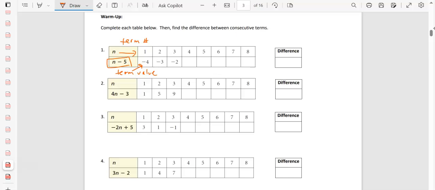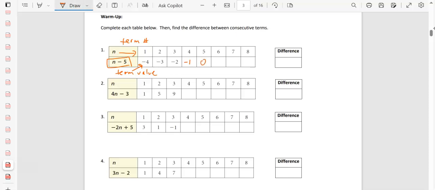So again, when n is 1 and I substitute 1 in for n, 1 minus 5 is negative 4. When n is 2, 2 minus 5 is negative 3. When n is 3, 3 minus 5 is negative 2. And again, you can use a calculator for this. We're going to substitute each of these numbers in for n, and then we're going to get a value.